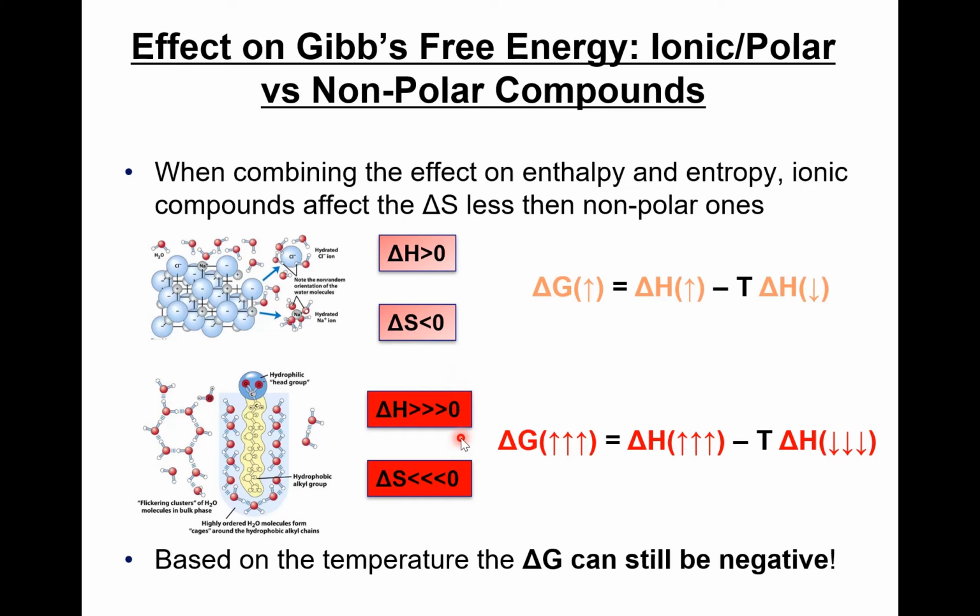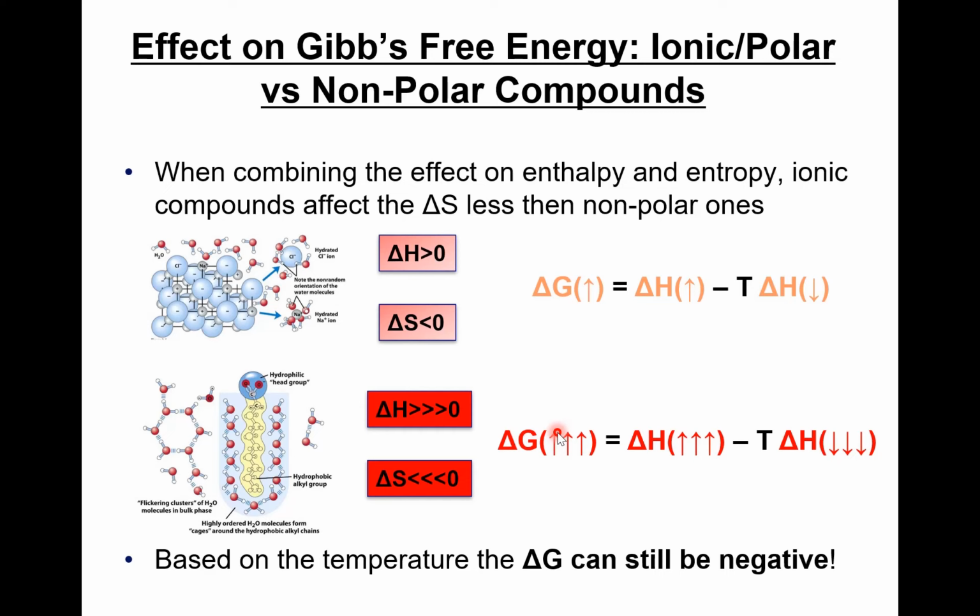Now, I want to stress again one thing. The fact that the delta G goes up does not mean that this is not going to happen, because this delta G can still be negative because of the temperature here. If you lower the temperature, then of course this could go to positive values in both scenarios. But this value right here of delta G can still be negative because of the temperature.